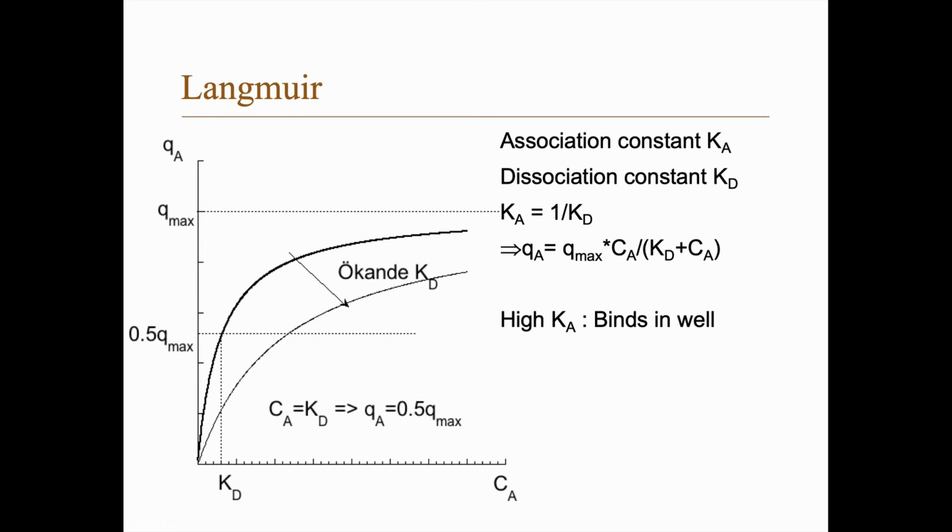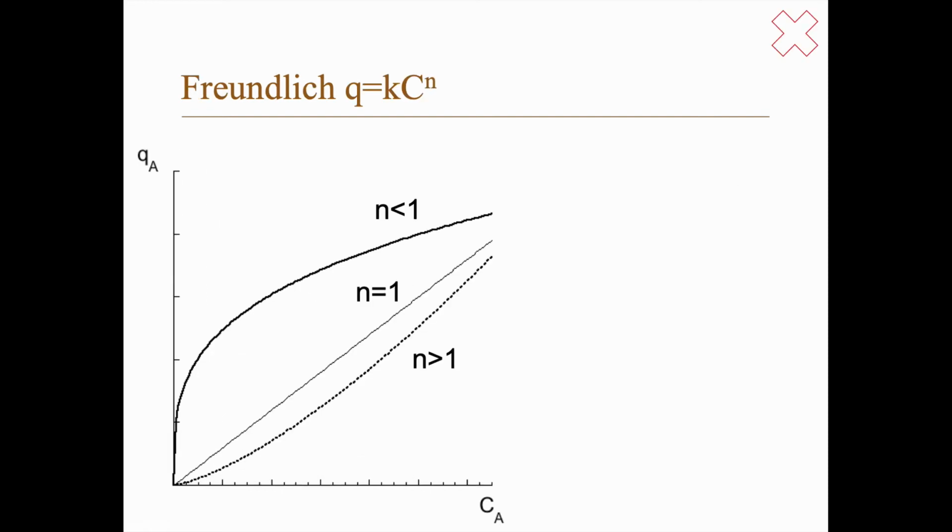So if there are 100 seats, you can get 100 people in there, and then in many countries they don't allow any more people to enter. You have a maximum. So a Langmuir isotherm is relevant if you have a single layer adsorption, for example. Then you reach a maximum level, and once you have reached that level, nothing more happens because all the sites are occupied. The Freundlich isotherm, you could say, might be suitable if you have a situation where you can bind in several layers. Then you don't have such a unique maximum level.